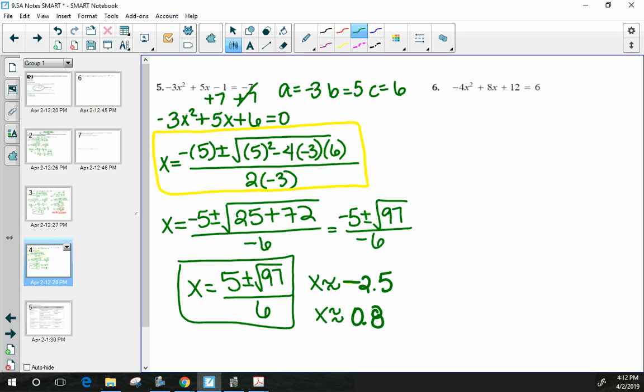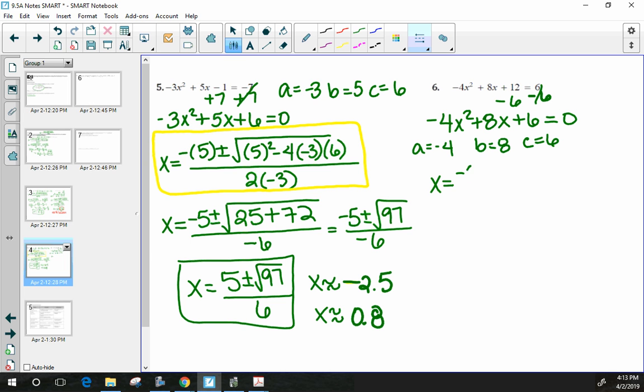Number 6, we need to set it equal to 0, so we'll move that to the left. So now we have negative 4x squared plus 8x plus 6 is equal to 0. That helps us identify, well, we have to do that before we identify that A is going to be a negative 4, B is going to be 8, and C will be 6, and then we can put those in the quadratic formula.